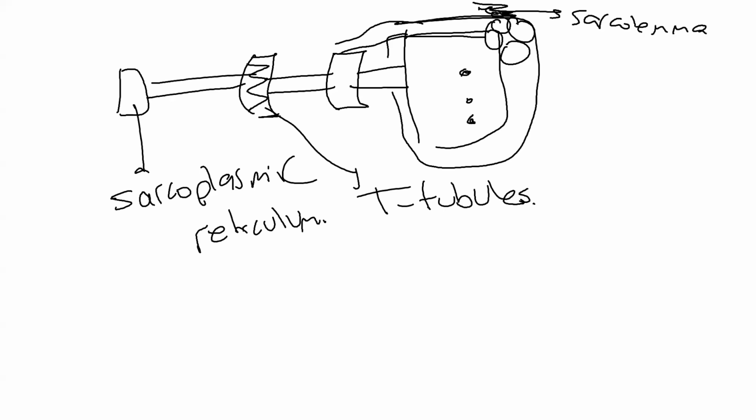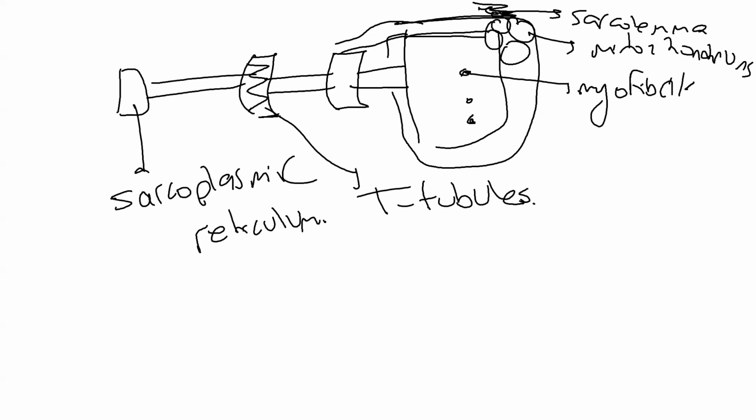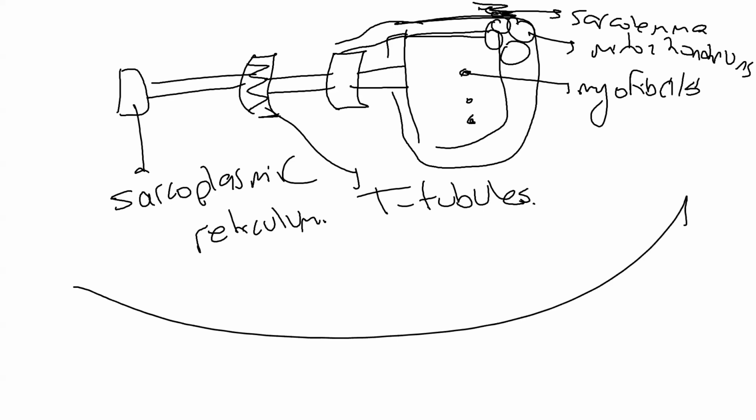Here are the mitochondria. These are the myofibrils. And that's all. What happens for the muscle to contract? What is the physiology of muscle contraction?